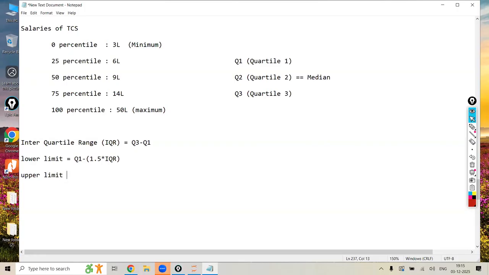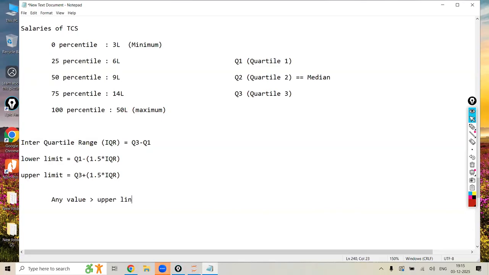What is the upper limit? Q3 plus 1.5 into IQR is called the upper limit.